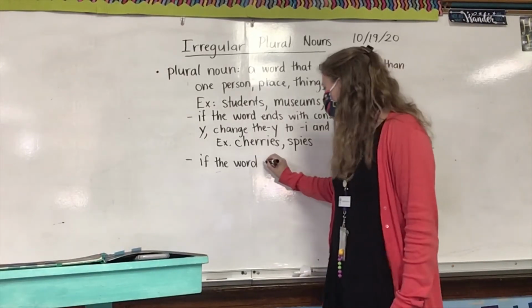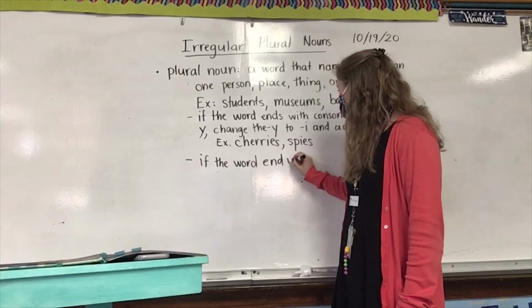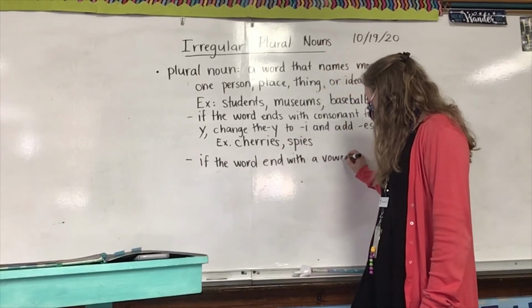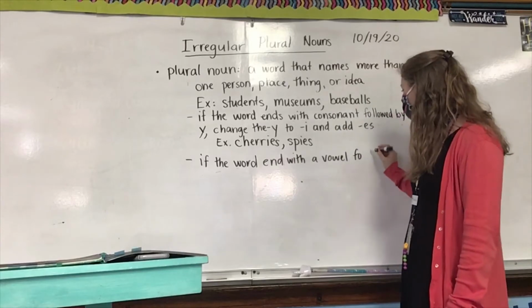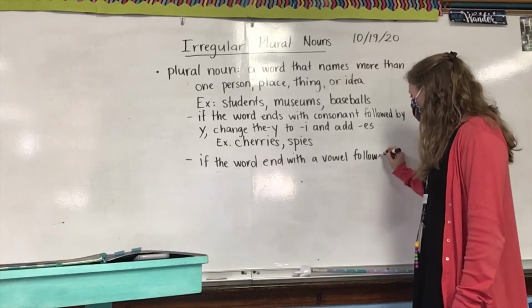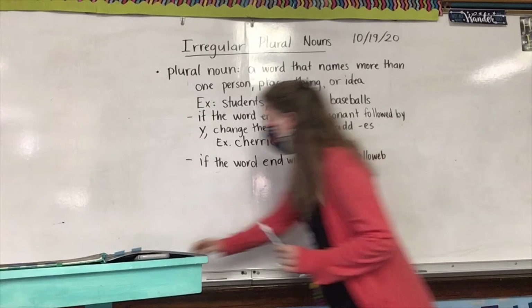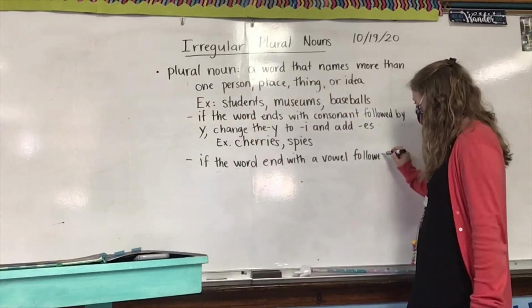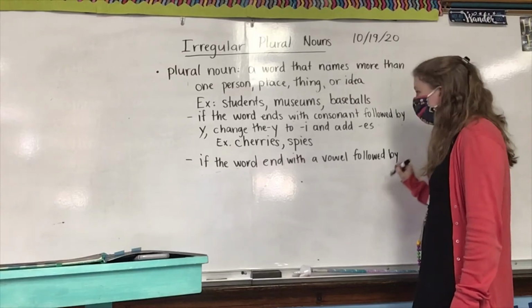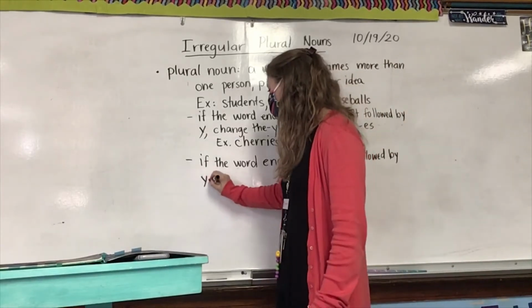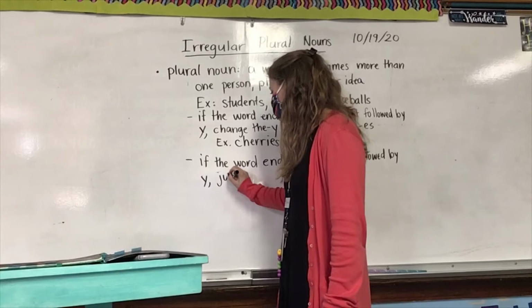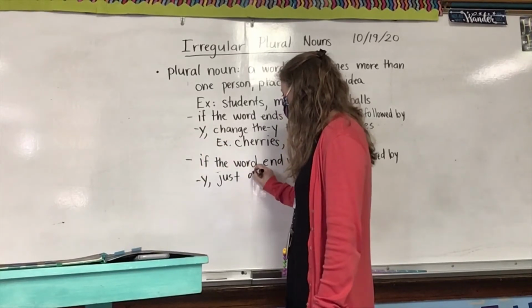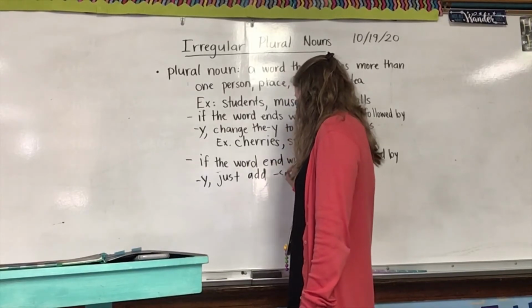Because if the word ends with a vowel, that's A-E-I-O-U, followed by Y, just letter Y, so we're going to put that little dash, just add S.